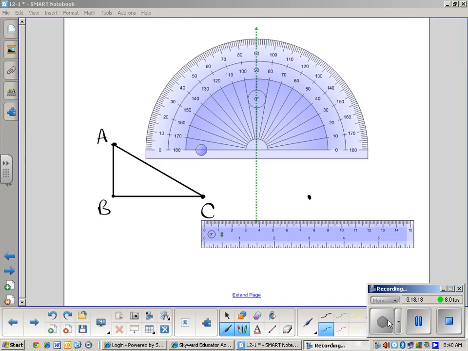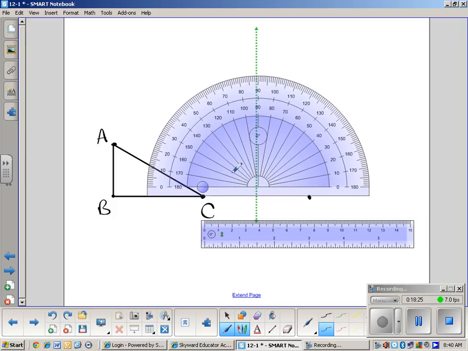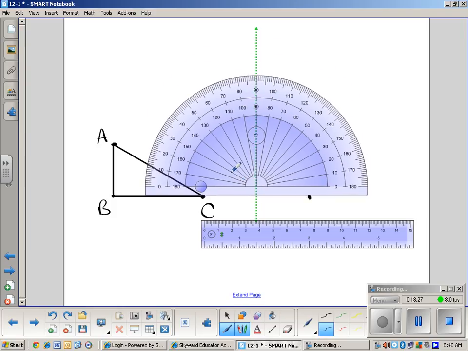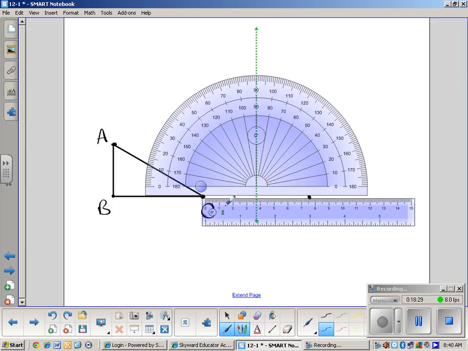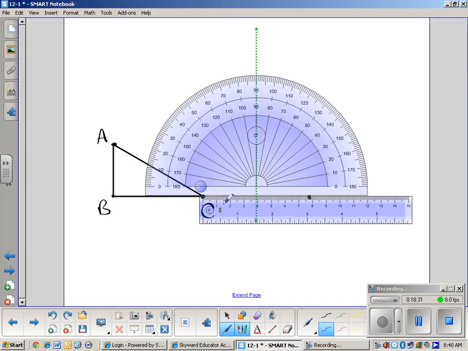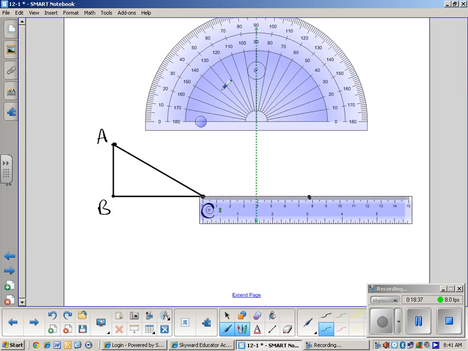So what we're doing, just to recap, we made sure this was 90 degrees, so perpendicular. And then we put a ruler up there. We measured that point. We got 3.9 units to the line from point C. We marked 7.8 units.